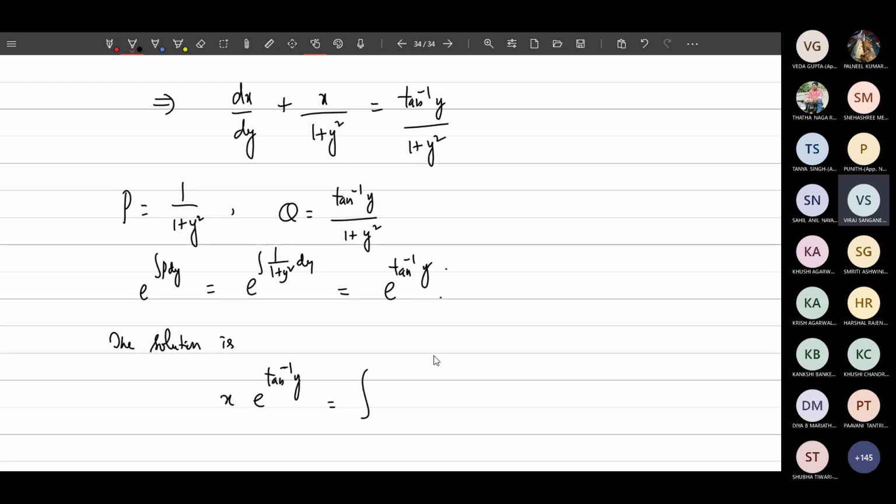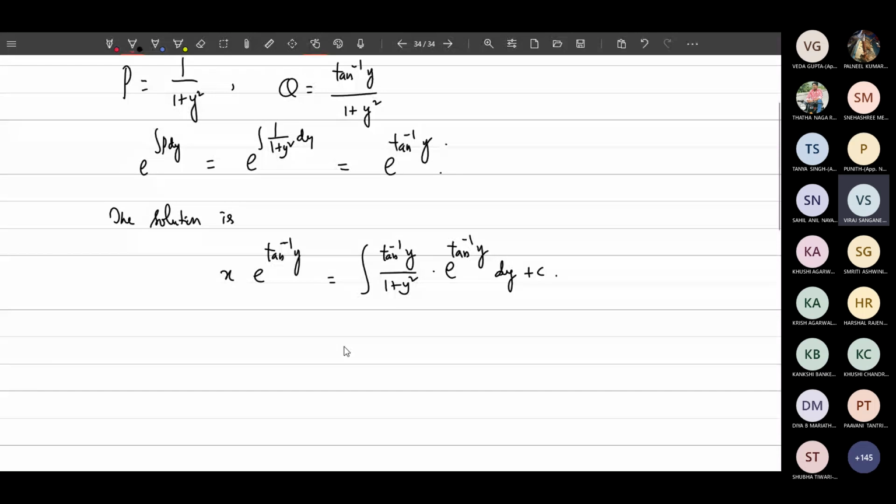In a similar way, x times the integrating factor equals the integral of Q times the integrating factor: Q is tan inverse y by 1 plus y square, times e to the power of tan inverse y, dy, plus c.